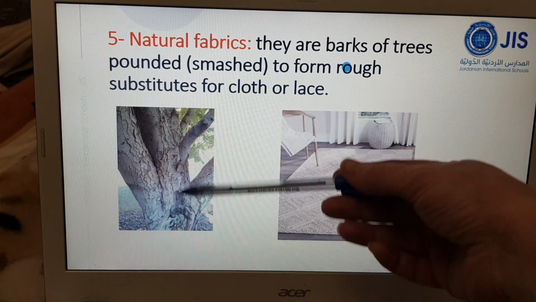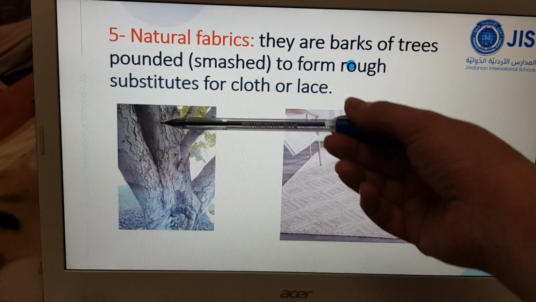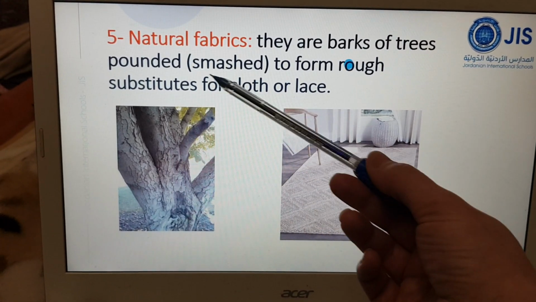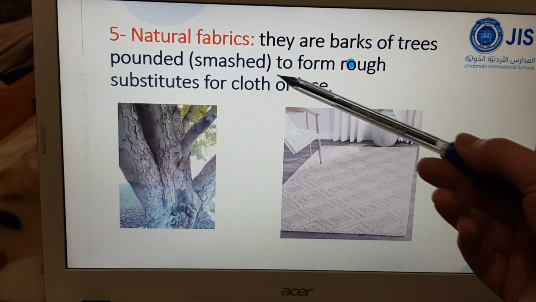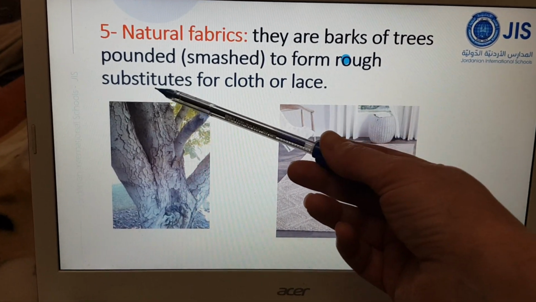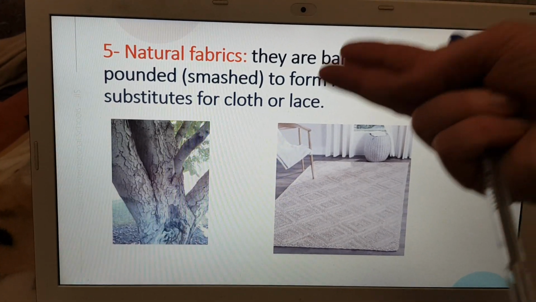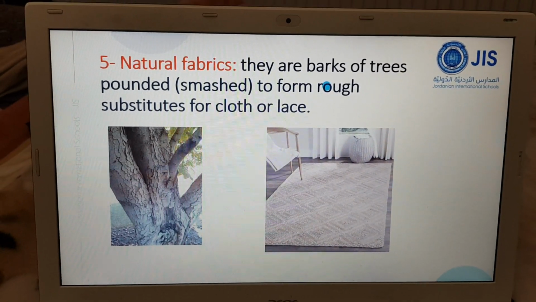It is the outer layer of the trunk of the tree. It is taken and pounded, smashed in a special process, and then they use it to form rough substitutes, rough materials, to use for making clothes, lace, and other kinds of products.